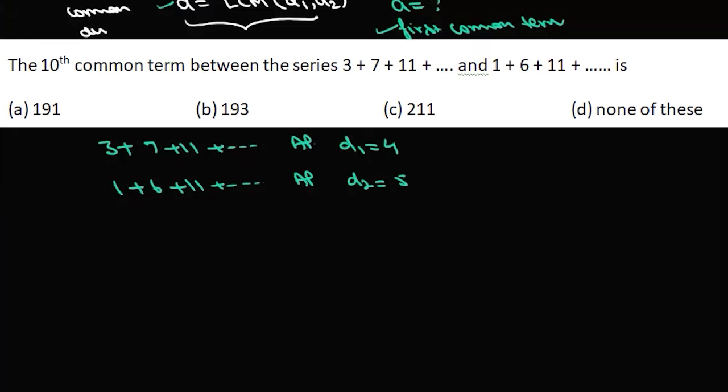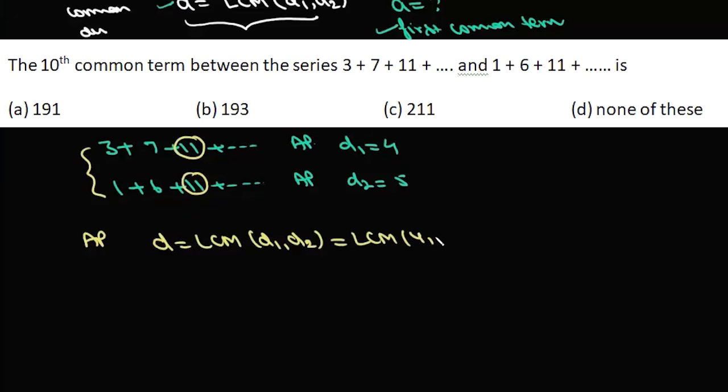Now the terms which are common to both the series will form an AP whose common difference will be the LCM of D1, D2. So it will be the LCM of 5 and 4, and the LCM of 5 and 4 is 20. And from observation, we know that its first common term is 11.